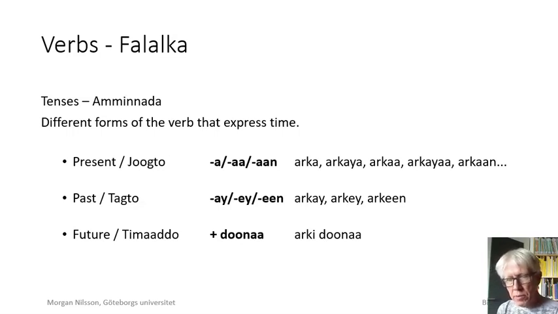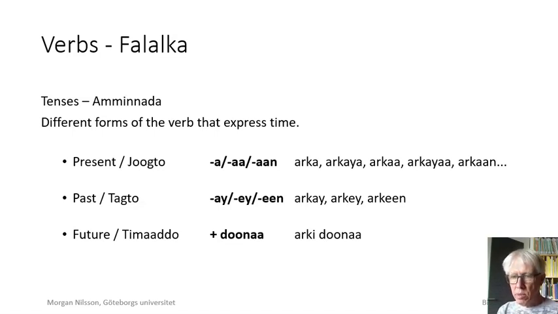And verbs can be recognized through the different tenses that the verb can be used in. So there are endings that we add to verbs to show time, and these different time endings are referred to in grammar as tenses, tense forms.